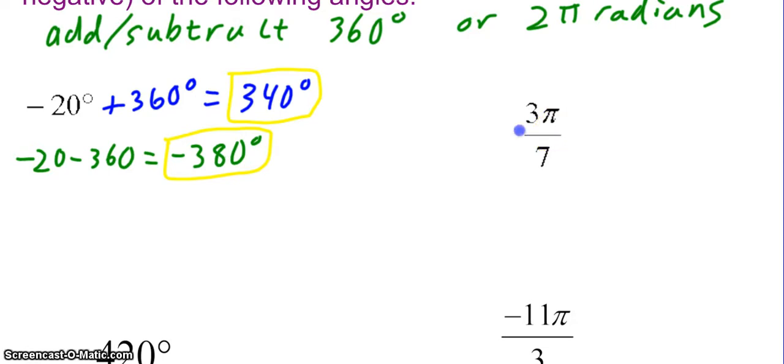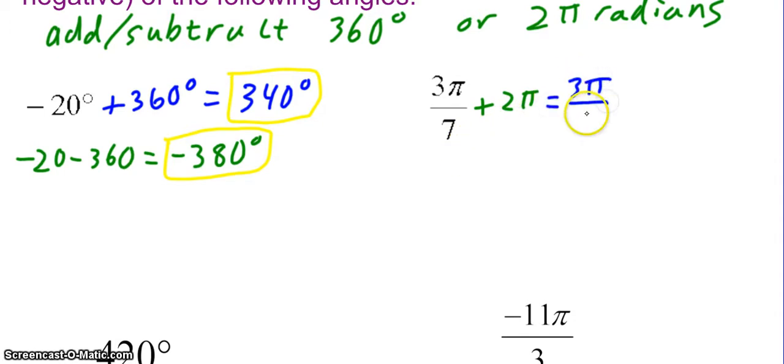What about with radians? So 3 pi sevenths plus 2 pi. 2 pi is actually 14 pi sevenths.